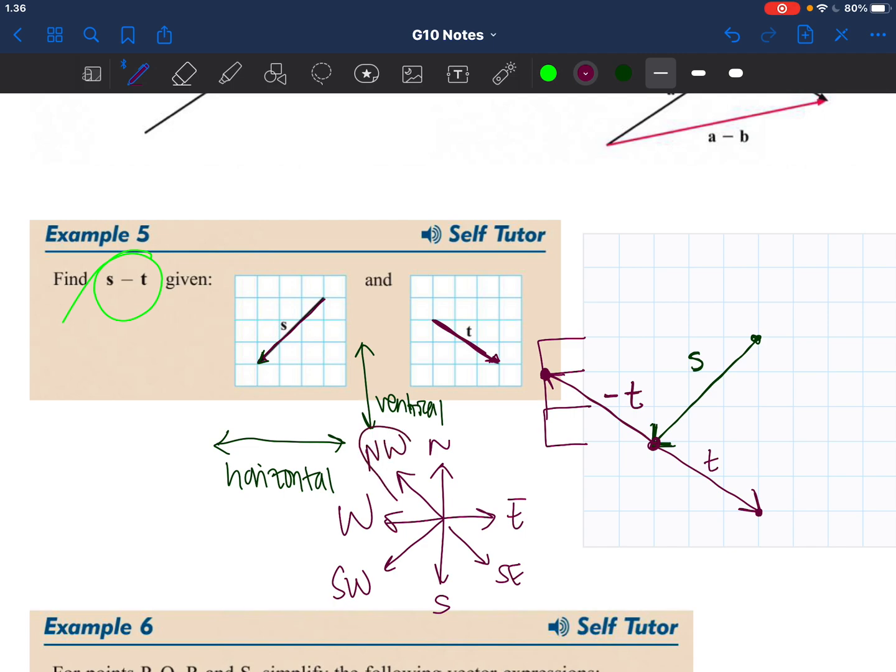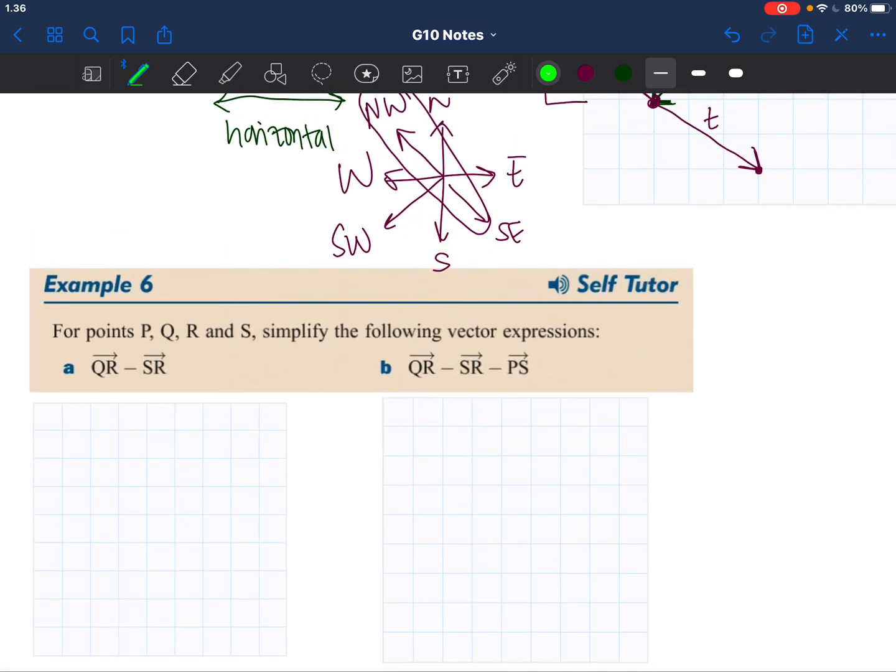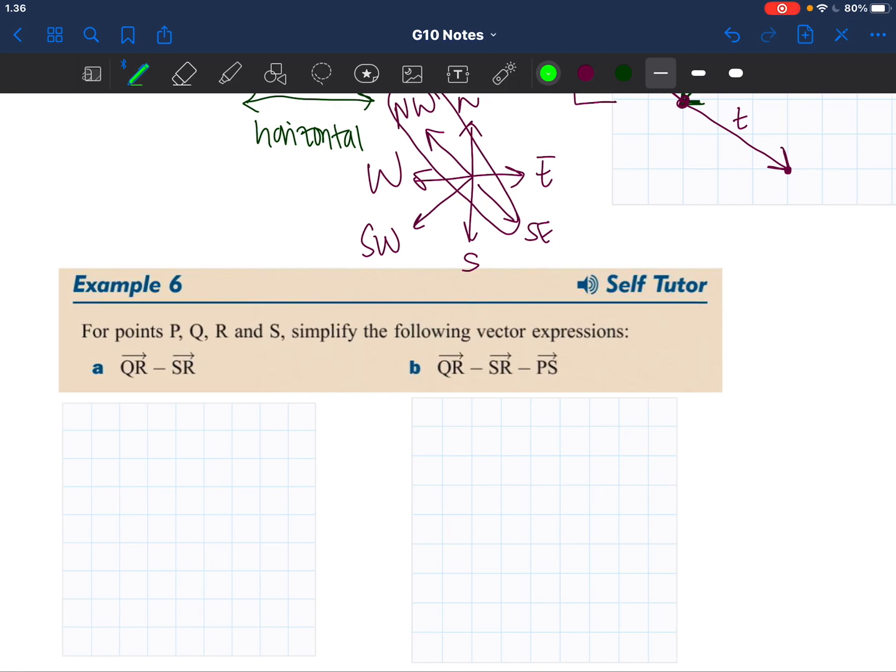Do you see how they're opposite of each other? So how do we find S minus T? Again, it's the same thing. You start at the same place and then you end together as well. There you go. So this is S minus T, or S plus negative T. Easy, right?